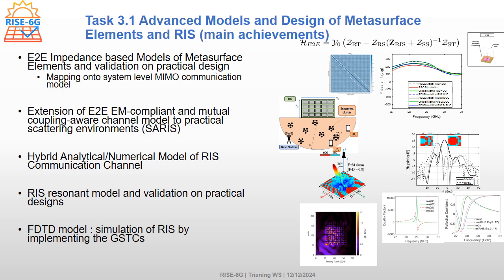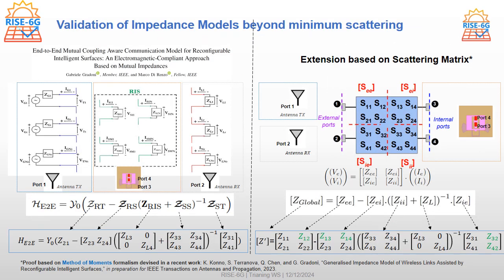Just to give an insight on the first part, we validated this impedance model that started from one of the first works from University of Nottingham and CNRS, which represented the full channel with the transmitter and the receiver, and the RIS as dipoles with some specific loads.